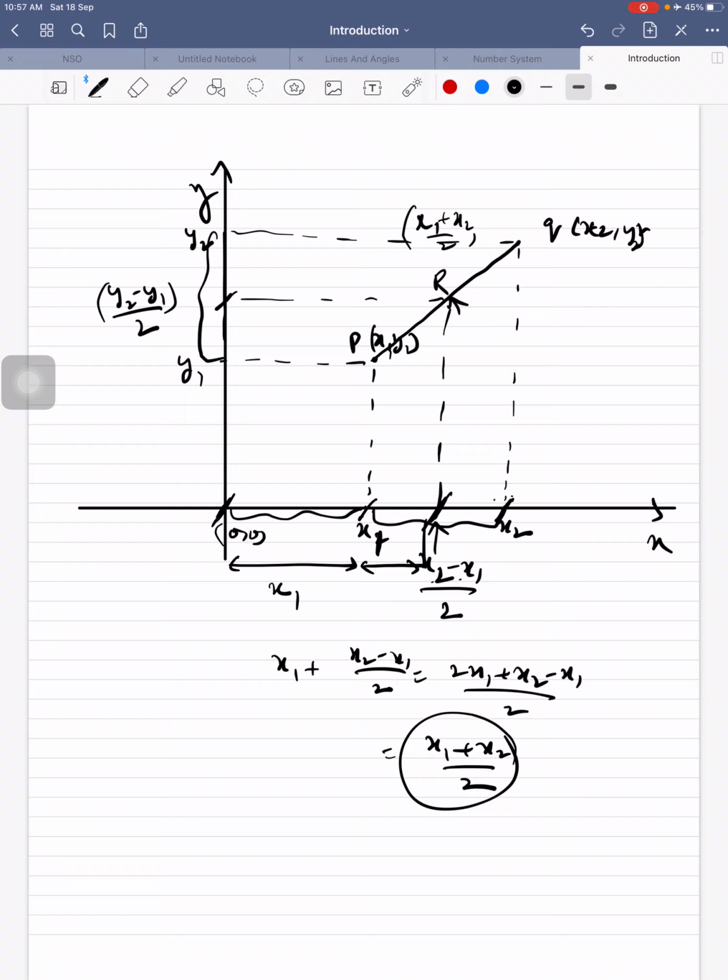But if you add this length to the midpoint length, then you will get this point from the origin. So y1 plus y2 minus y1 by 2 becomes y1 plus y2 by 2. So this point is y1 plus y2 by 2. This way you can find the midpoint of the given line, given 2 points.